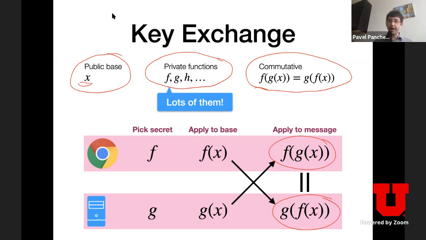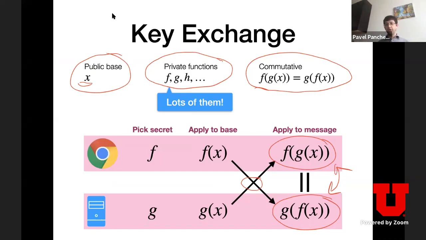So the browser and the server have each come up with the same value, F of G of X, but the only stuff they publicized was F of X and G of X. So as long as it is difficult to go from F of X and X to F, and it turns out there are many ways you can set this up, any possible attacker, anyone eavesdropping on the connection, only knows these useless values like F of X and G of X, but can't backtrack from those to learn F and G, which he or she would need to compute F of G of X themselves.